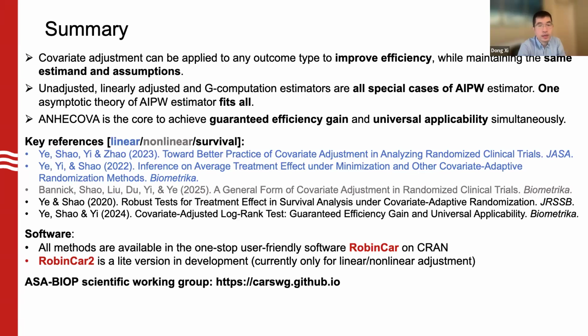While we're waiting for questions, I do have one question for Professor Ye on the practical side. There seem to be different ways of utilizing stratification or covariates, right? For some factors or variables, we may have the option to use stratified randomization, or use it in the analysis, or even both.